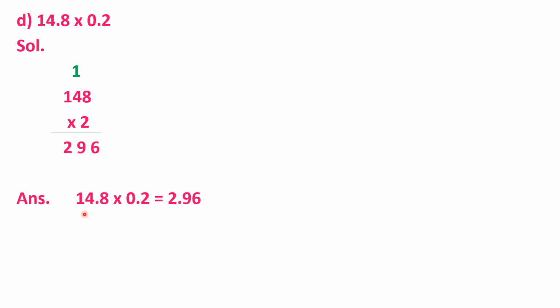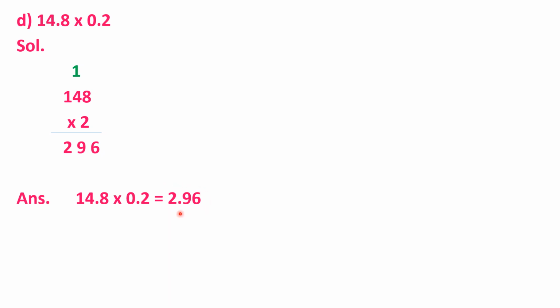So here we have one and here also we have one. When we add, we are getting total two digits after the decimal point. So here also in 296 we will count from the right hand side two digits, that is 6 is the first digit and 9 is the second digit. So after two digits we will put the decimal point. So our answer will be 2.96.